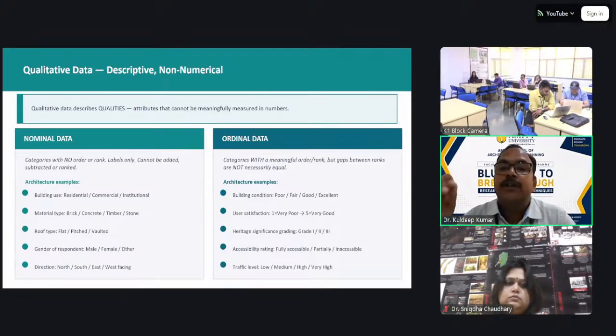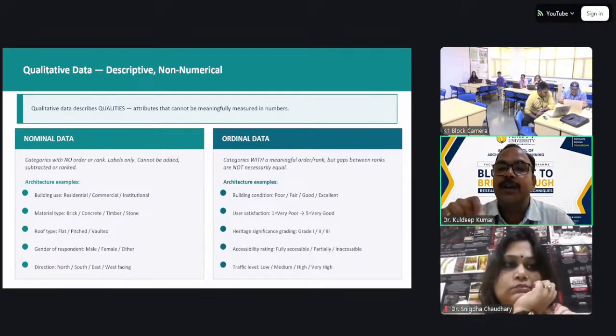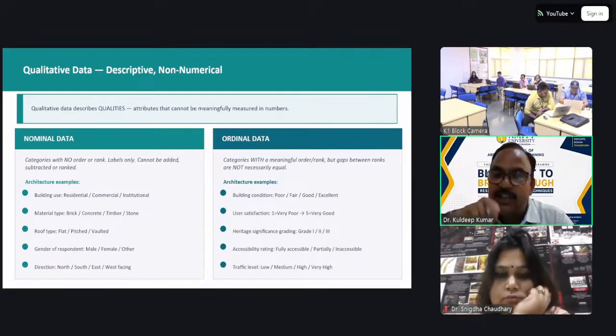There is no implied ranking or order among these categories. Can you say that residential is more than commercial? No, we cannot. Similarly, you cannot calculate the average of building use type. The only statistical operation on nominal data is whether it is the same or different.